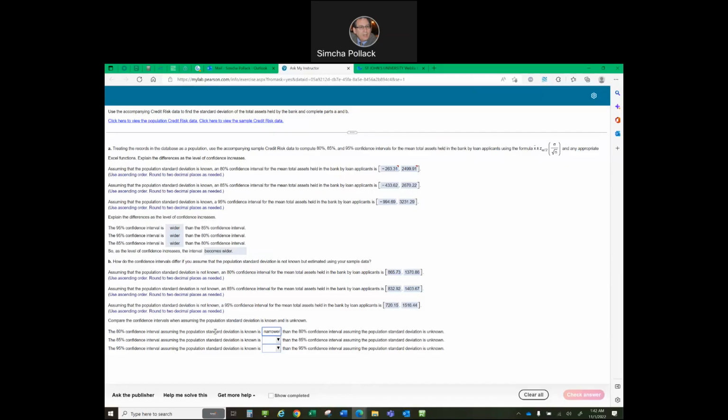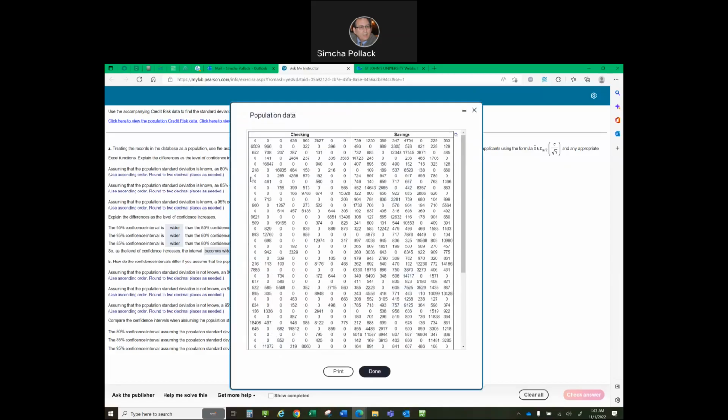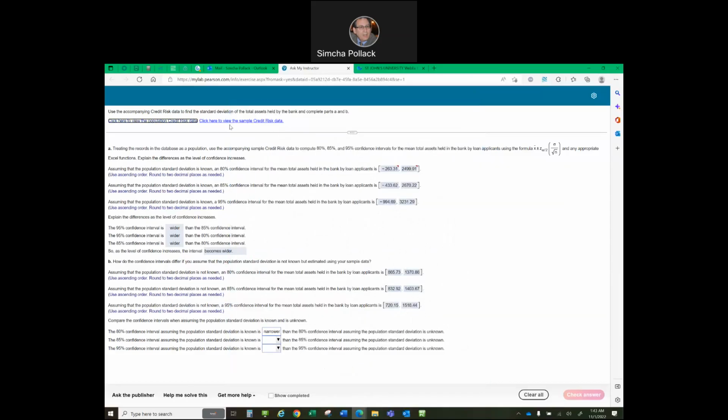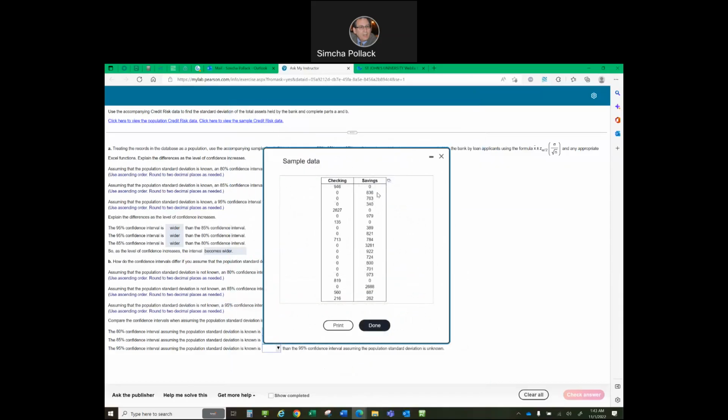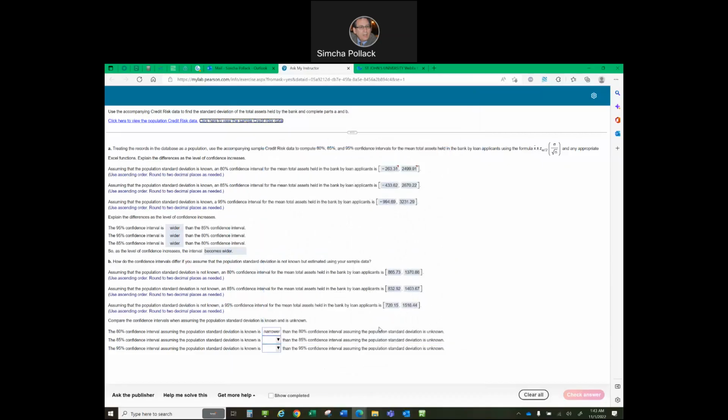Generally speaking, if the actual standard deviation was the same, the z would be more narrow than t. But in this case, the original standard deviation of that big population, these numbers here, was very large. It was like 4,000. And the standard deviation here of these numbers is much smaller. So even though theoretically it should be more narrow, in actuality it's wider, I believe.